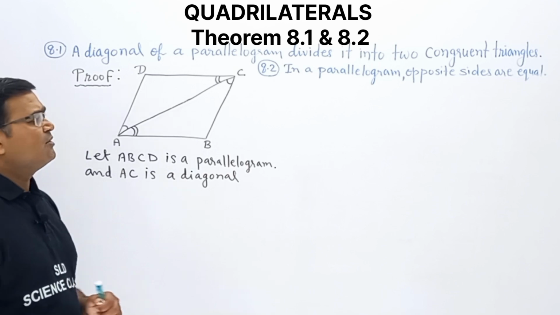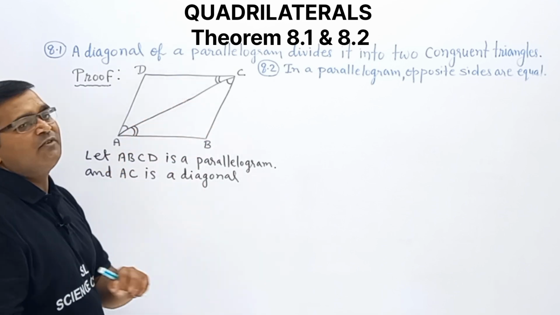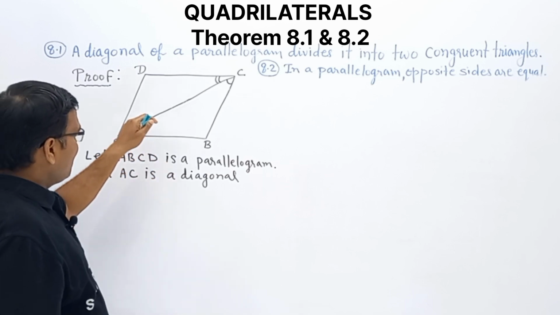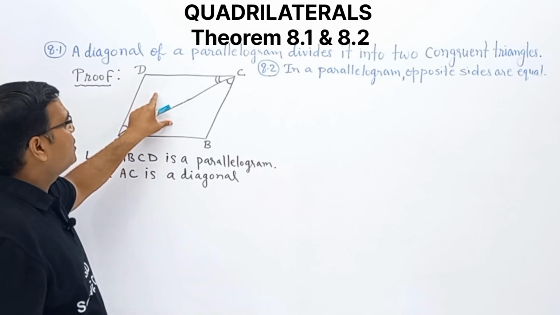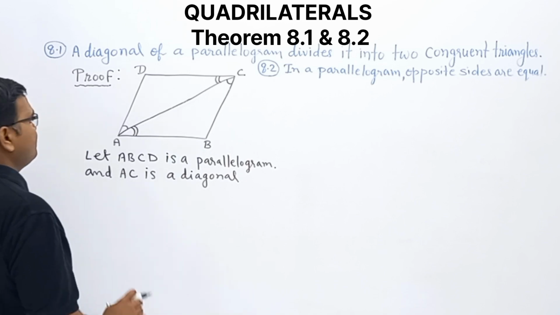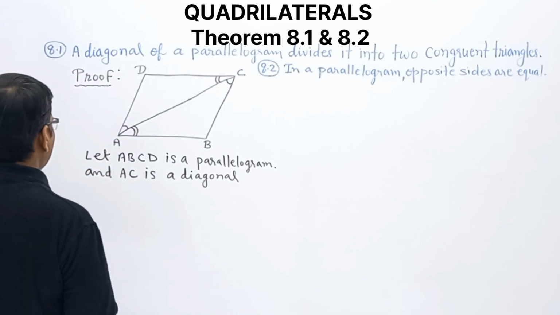Observe, simple question. These two theorems we want to prove. So how will we prove them? We are taking one parallelogram, and in it AC is what? Diagonal of this parallelogram. Clear?